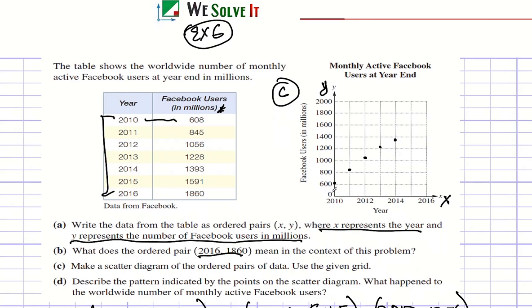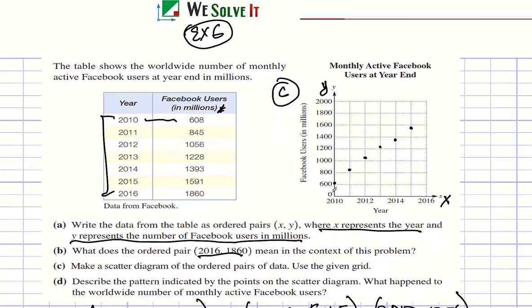Actually, I think I made a mistake. Okay, 2015 is 1591. 1591 is close to 1600, so it should be somewhere here.